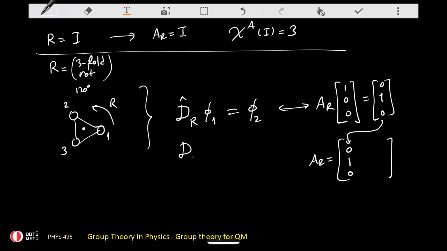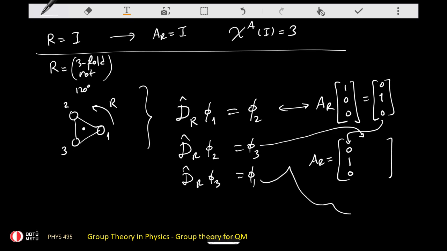And then, well, we just continue. So this rotation applied on phi 2 is going to give us phi 3. Applied on phi 3 gives us phi 1. So from here we can then compute the second column and the third column in here. So let me quickly fill these things out. 1, 0, 1, 1, 0, 0.